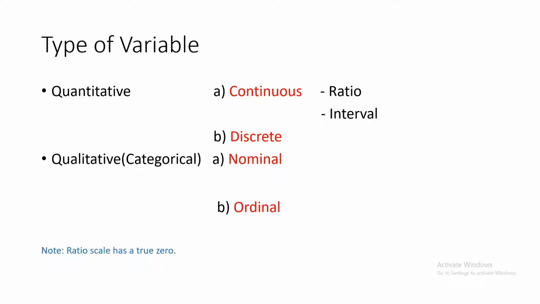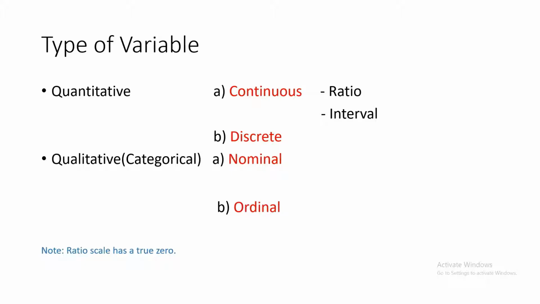There are two types of quantitative variable, continuous and discrete. Continuous data are further divided into ratio and interval. Ratio is scaled with a true zero. For example, weight. When we say 0 kg, this means that there is no weight.